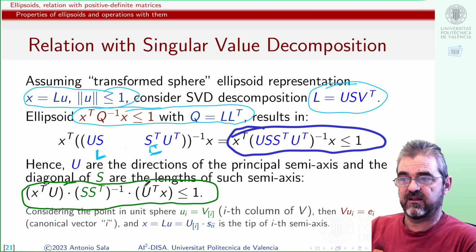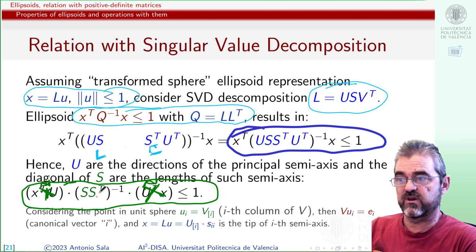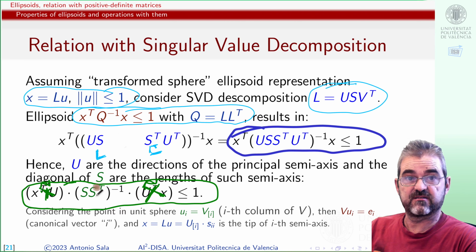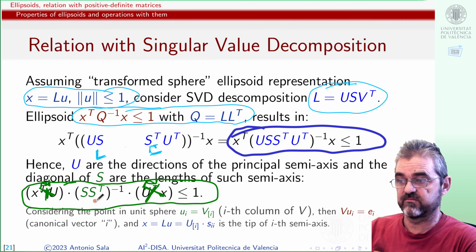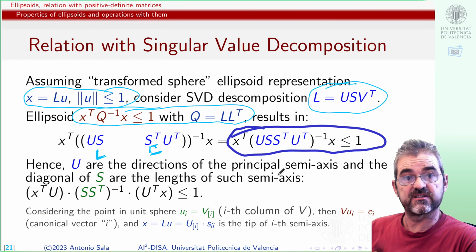And if I call this X tilde, then I will have an axis-aligned ellipsoid, and the semi-axis length will be proportional to the square root of this matrix, but this is a diagonal matrix with the singular values squared, so we can conclude that U are the directions of the principal semi-axes, and the diagonal of S, the singular values, are the lengths of those semi-axes.